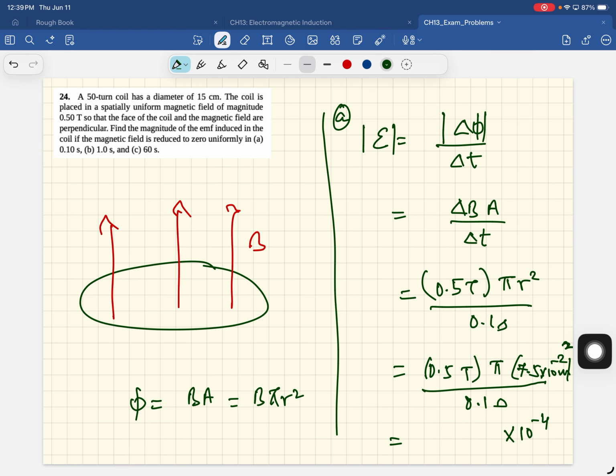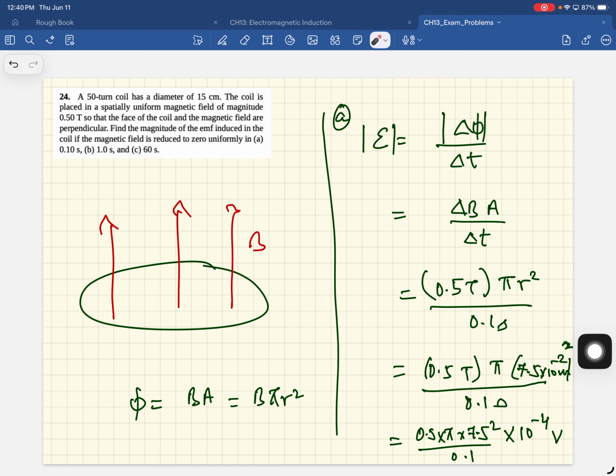Okay, so in part B, they ask you, so I'm going to draw the loop like that. The magnetic field is out of the sheet. And it's increasing. So what is the direction of the induced current?